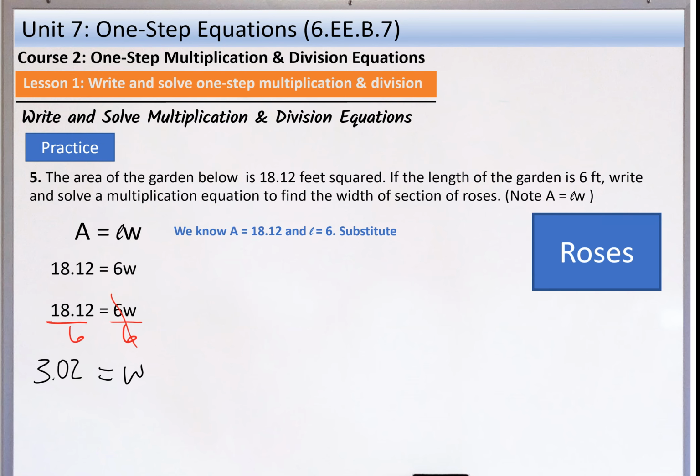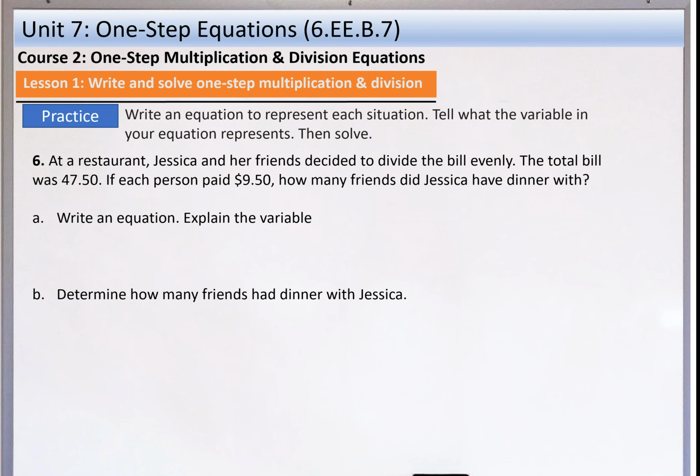All right, did I go too fast there? So our length is 6, and our width is 3 2/100 feet, and our area is 18 and 12/100. The next one. Give me your final answer here.